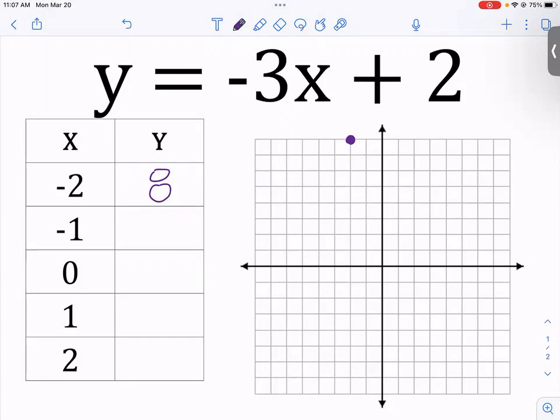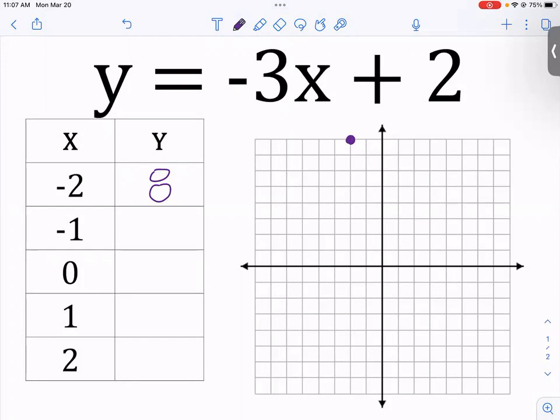Okay, next sticky note, let's write negative 1. Since x is now negative 1, we're going to plug negative 1 in for x.